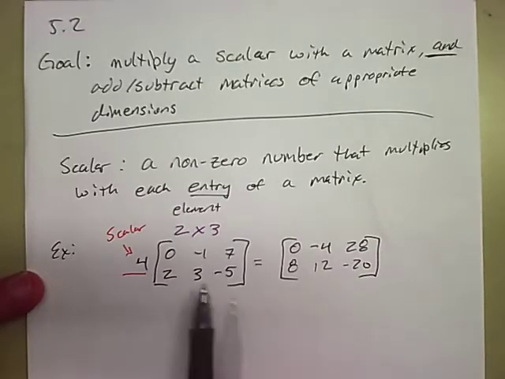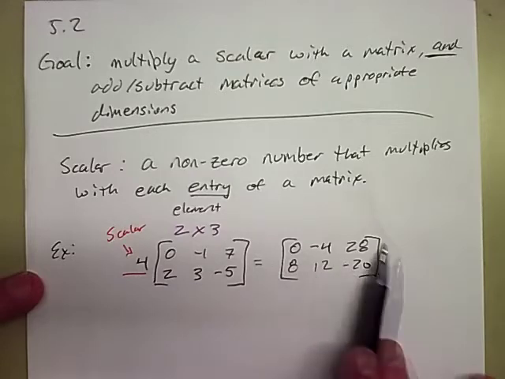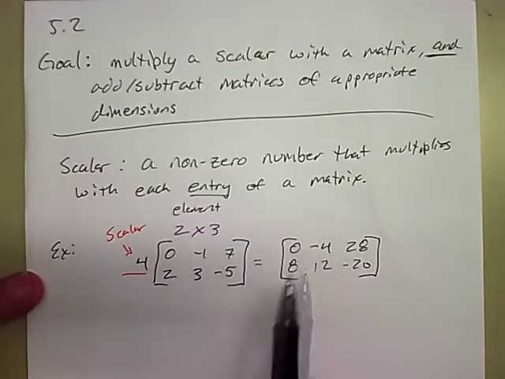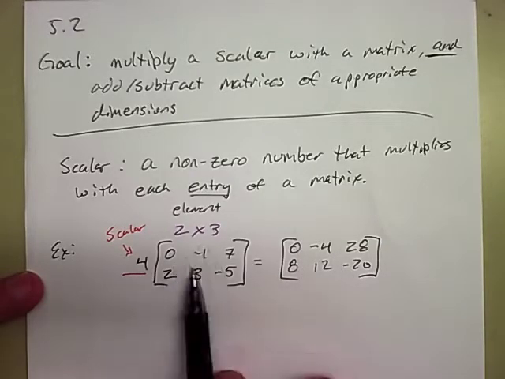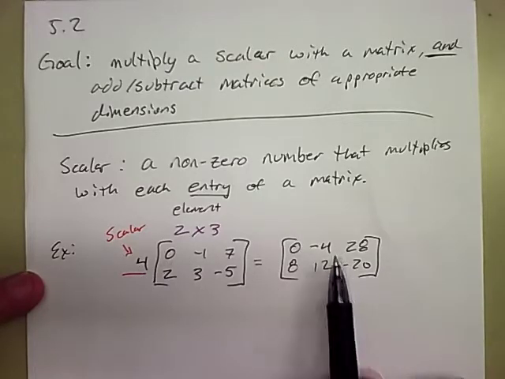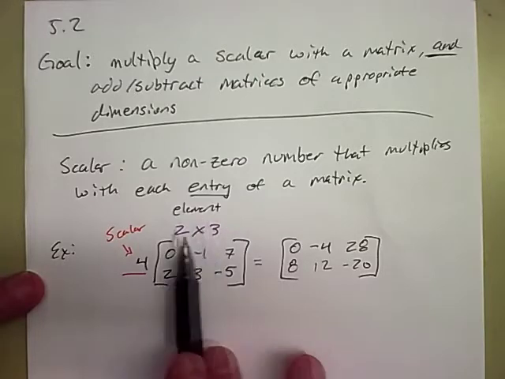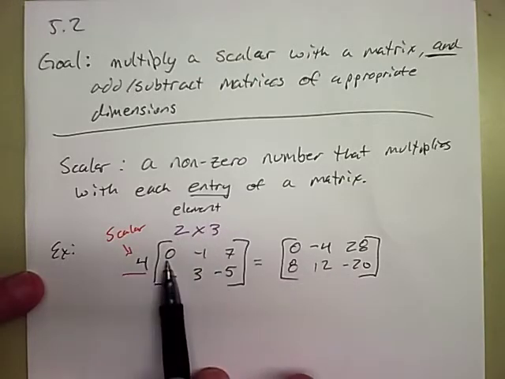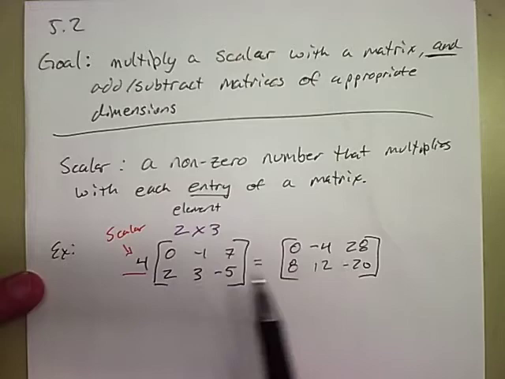All I've done is multiply the scalar with the matrix, and we end up with a new matrix of the exact same size. The properties of the matrix haven't changed, but the elements within the matrix have. Notice the size of the dimensions didn't change, but the matrix elements did.